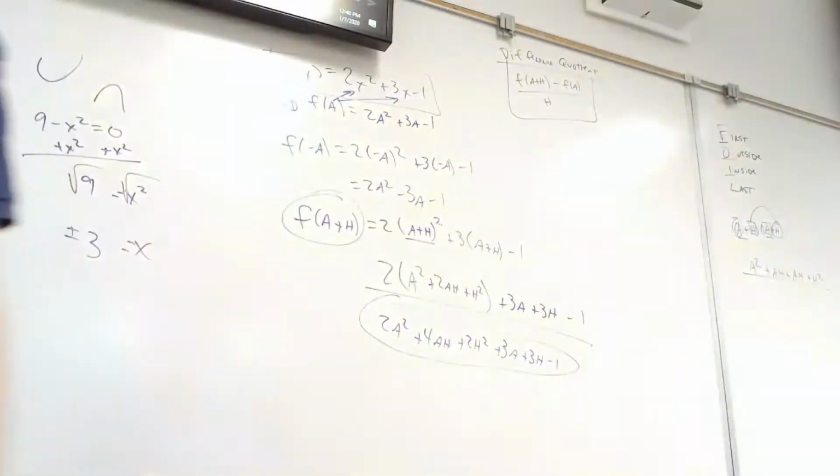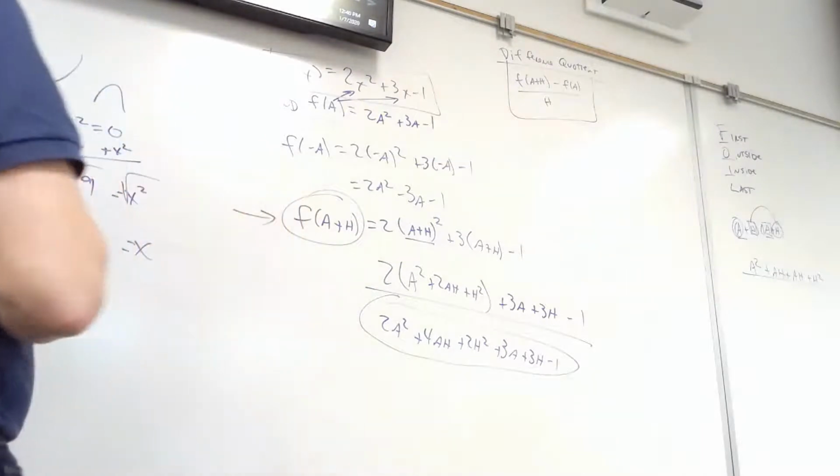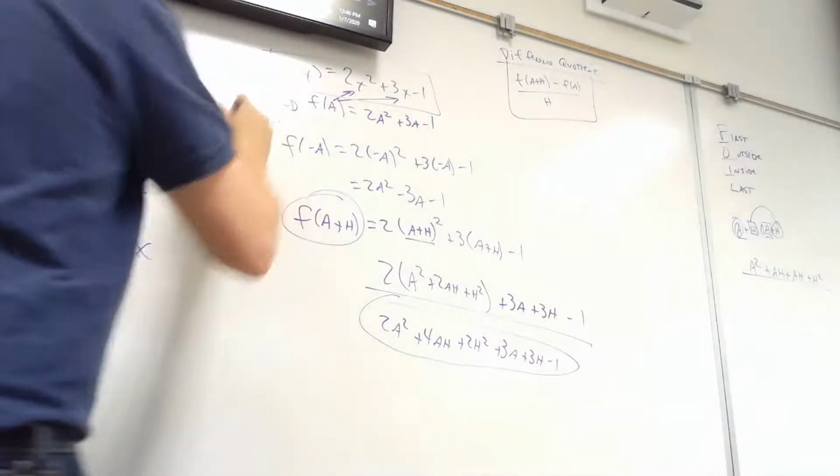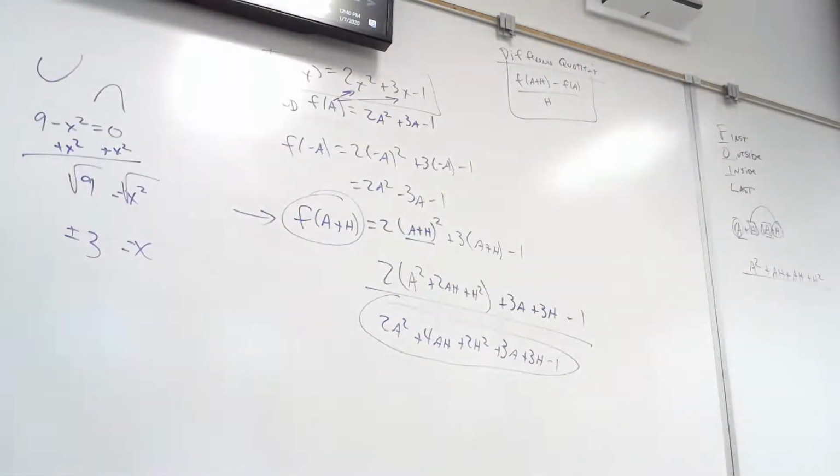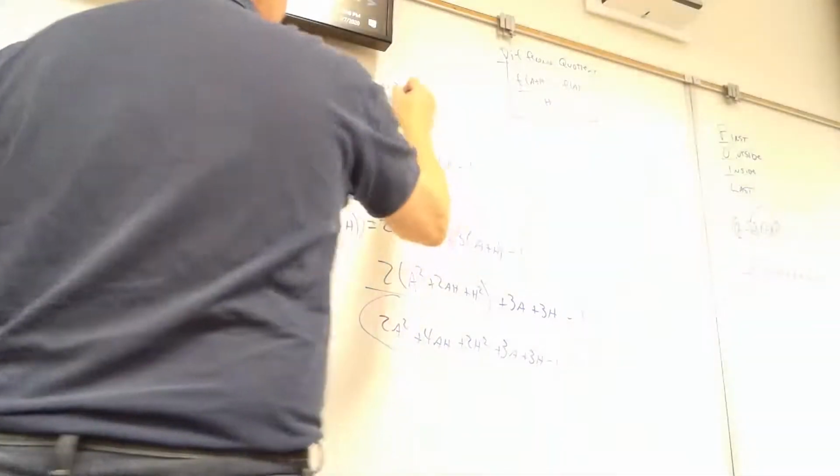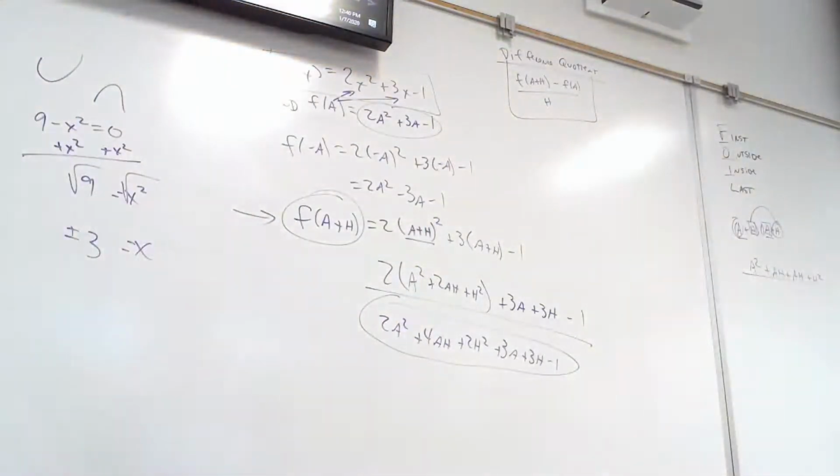Now, here's what's nice about what we've done so far. We have already found f of A plus H, and we've already found f of A. So all I want you to do is take these two results, okay? So who can help me with that? How about Javier?